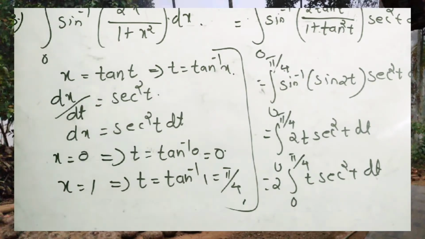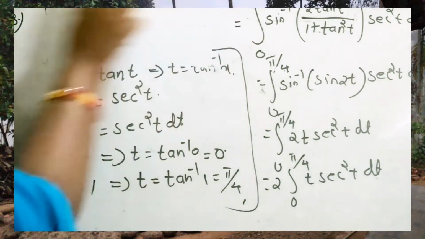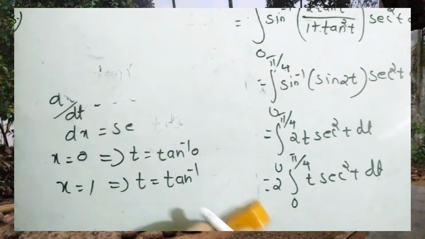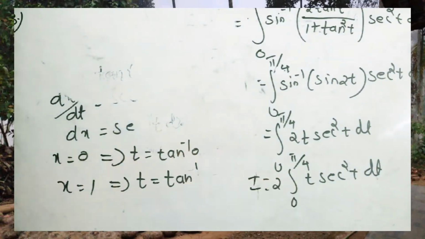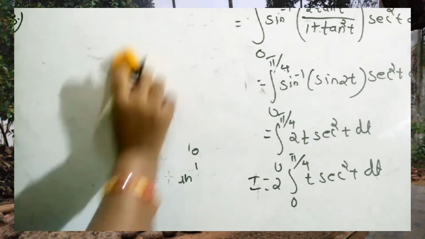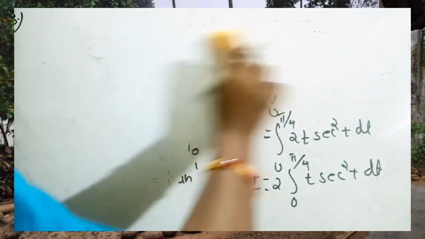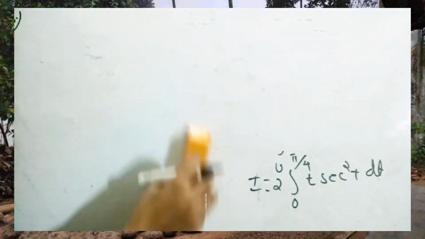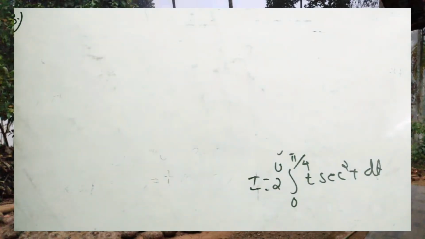Now we are going to integrate it. Here we have the product of two functions, so we need to use integration by parts. In this question, what comes first here?